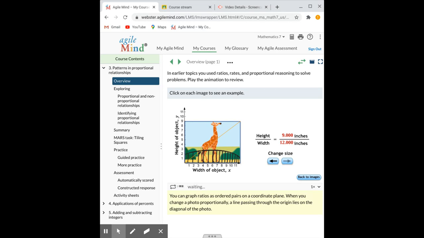So how could we create an equivalent ratio for this? Go ahead, Levi. Create an equivalent ratio for 9 to 12. All right. So like what could I do to create equivalent ratios using 9 to 12?